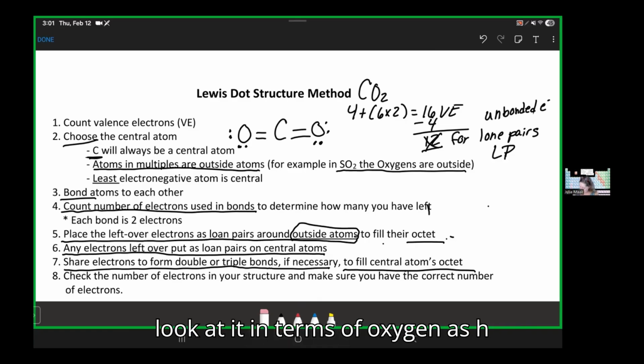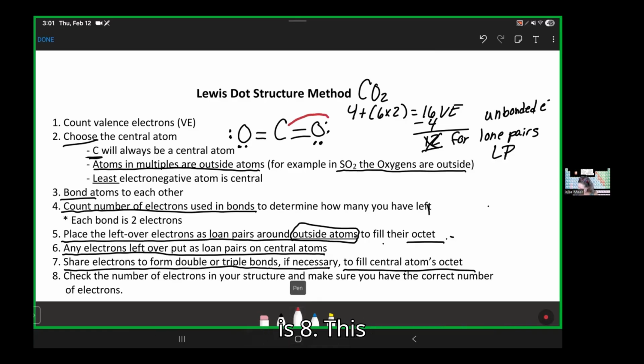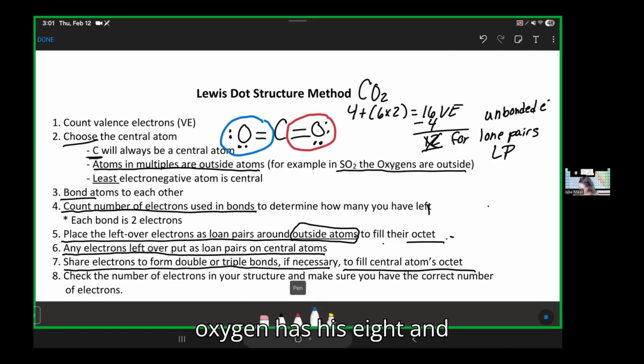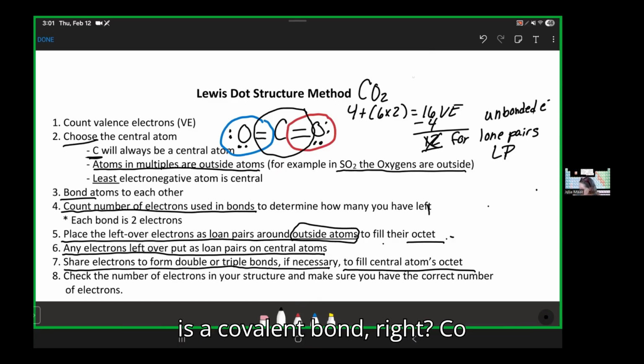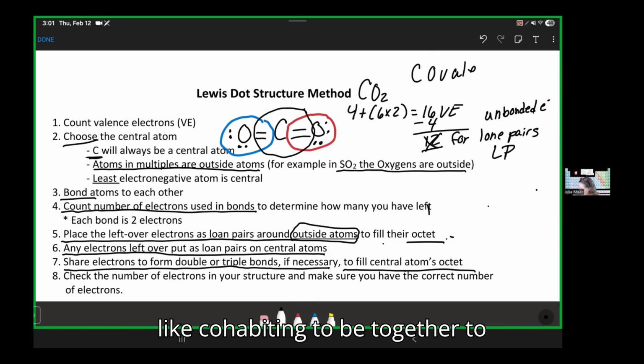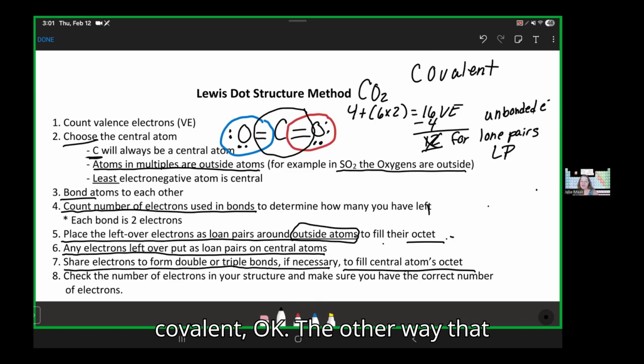Oxygen has his 8, this oxygen has his 8, and carbon has his 8. They're sharing electrons. That is a covalent bond, like cohabiting, to be together, to share things. So that is covalent.